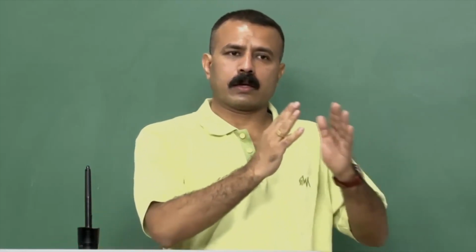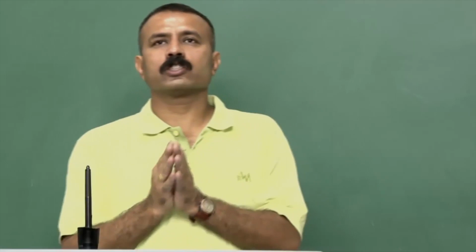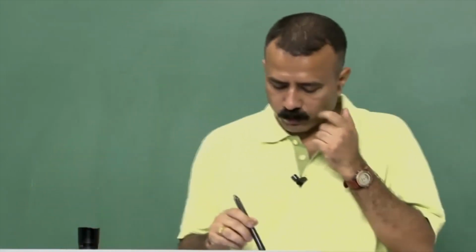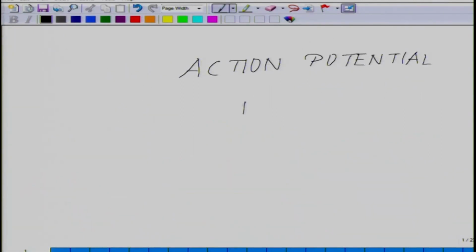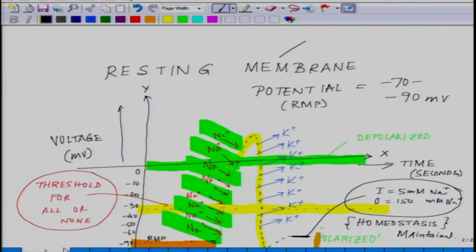So, at this point I wish to introduce the action potential, because that is the key. If you look back, this is the basic action potential of a neuron. What we are talking about is only the basic action potential of a neuron out here, and this action potential trace varies from cell type to cell type, and we will come to the other series of action potentials.